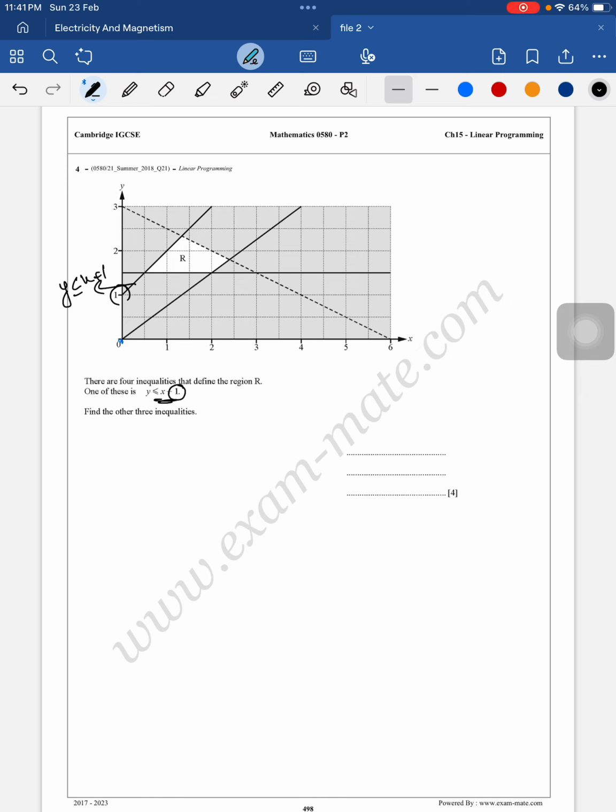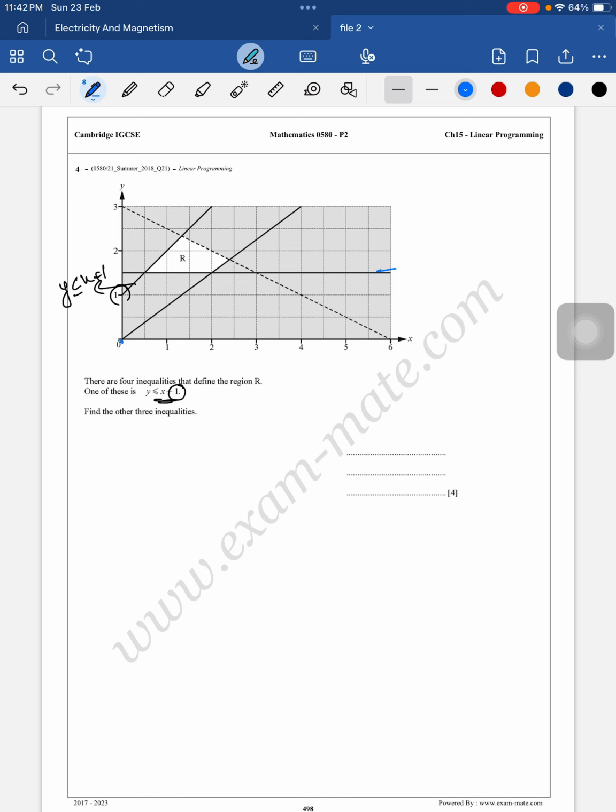Again I'm saying this little part that I'm writing is the inequality. Actually this is an equation, right? y equals x plus 1. But since we are dealing with inequality, I'm just showing the representation of this line. I hope that's clear. Okay, second, if I see this part, this is basically a straight line parallel to the x-axis.